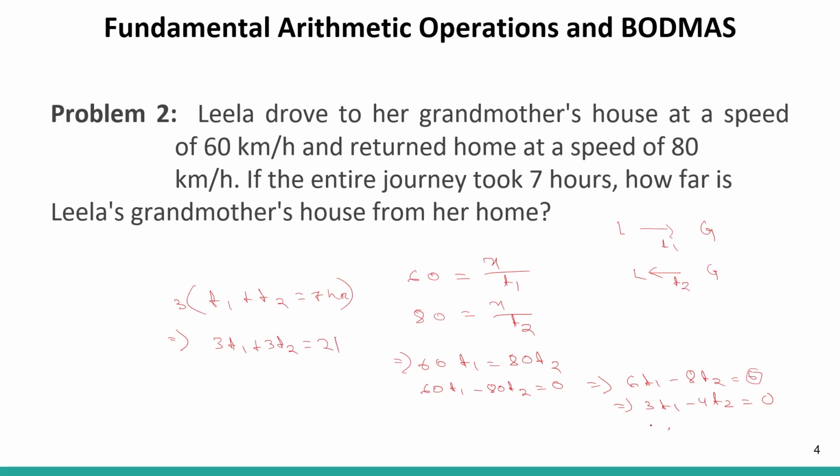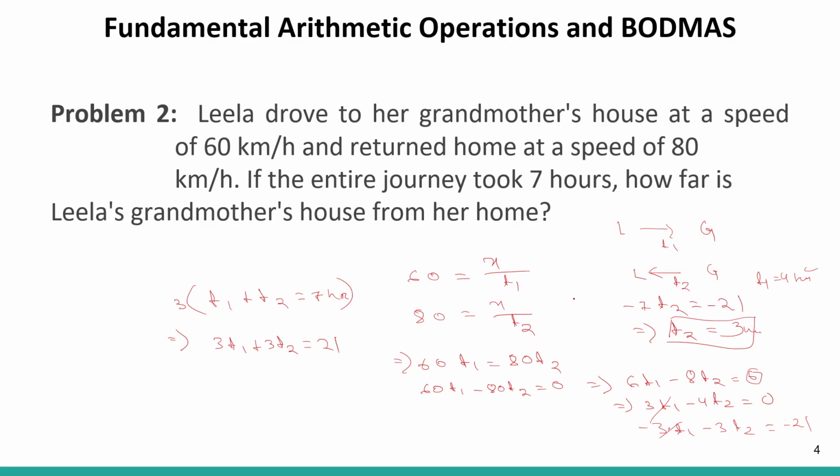Subtracting, we get minus 7 t2 is equal to minus 21. This implies that t2 is equal to 3. So if t2 is equal to 3 hours, t1 is equal to 4 hours.